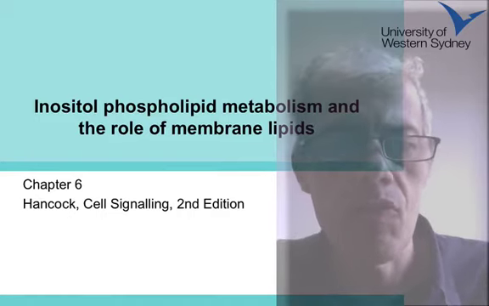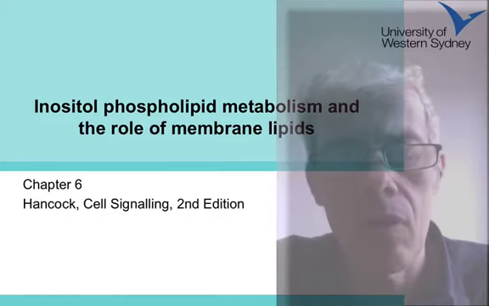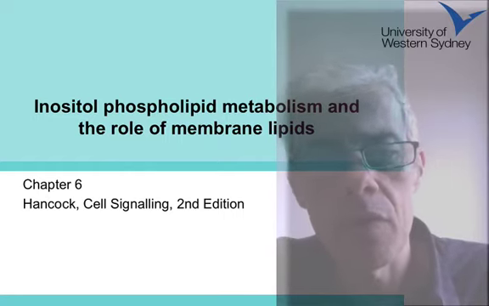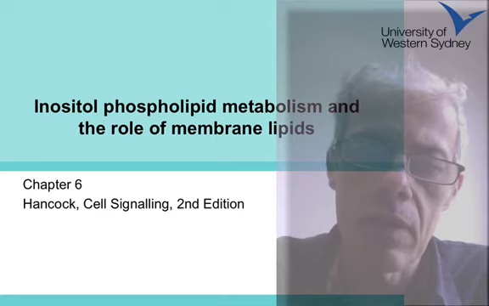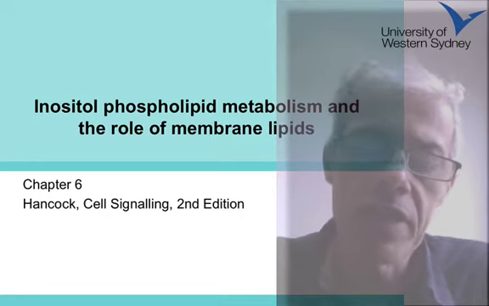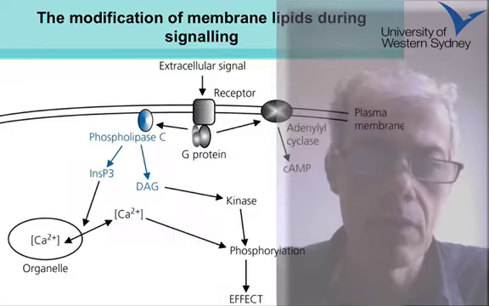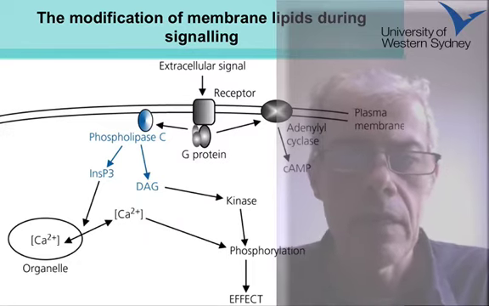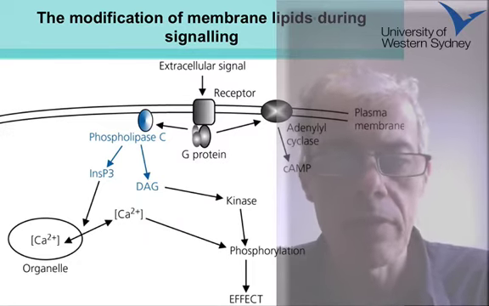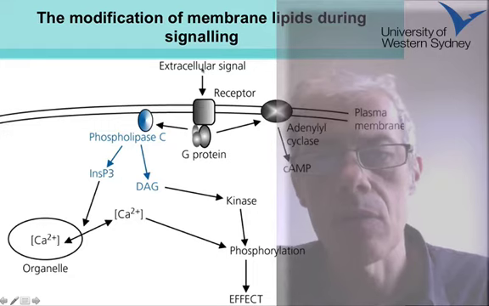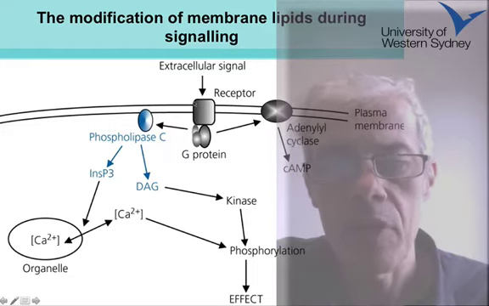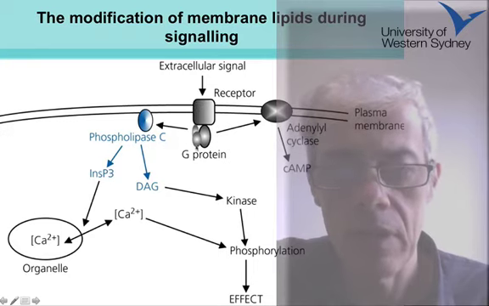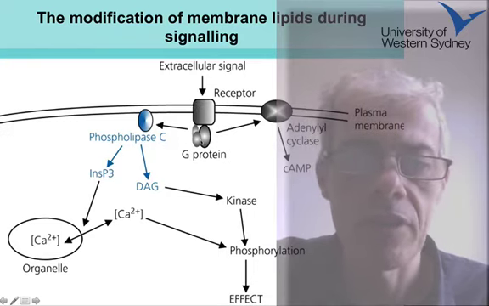Okay, here's a quick summary of the lecture I gave on inositol phospholipid metabolism, focusing on the generation of the second messenger IP3. So here's a diagram from the Hancock textbook. Now, we've previously looked at these G protein coupled receptors, clearly bound to these heterotrimeric G proteins.